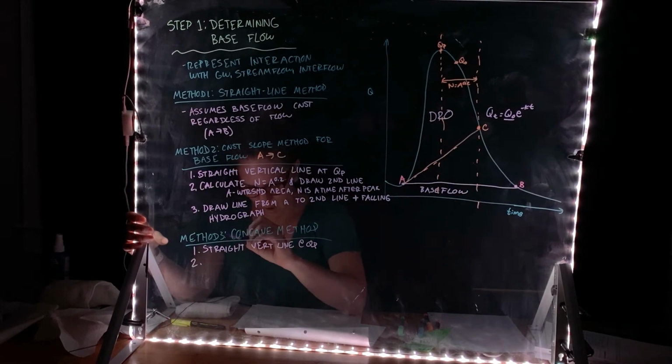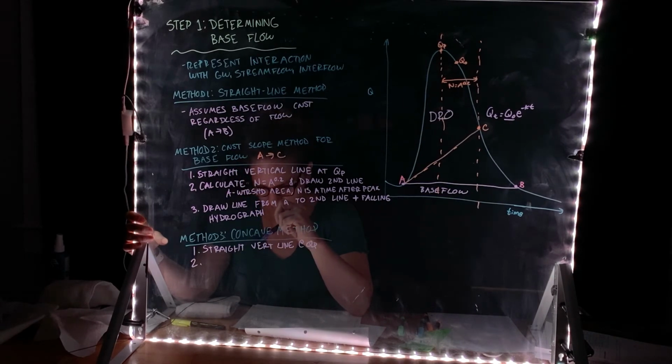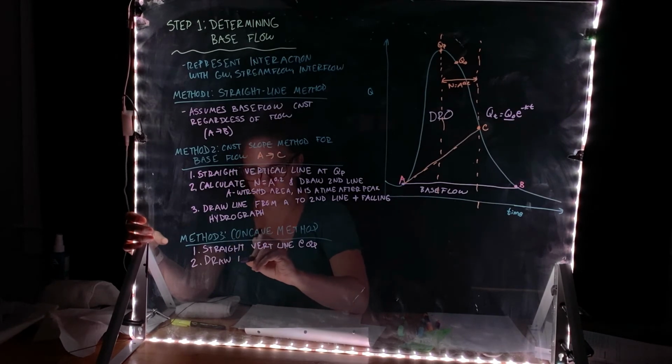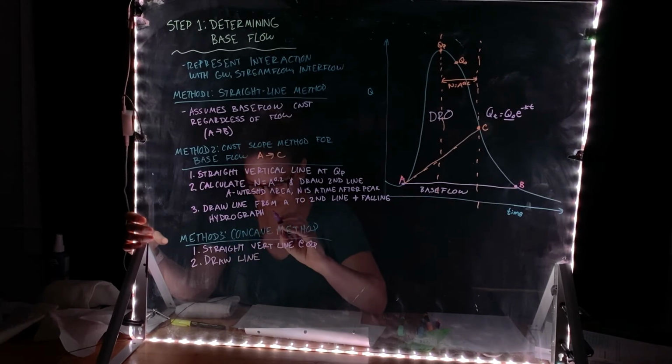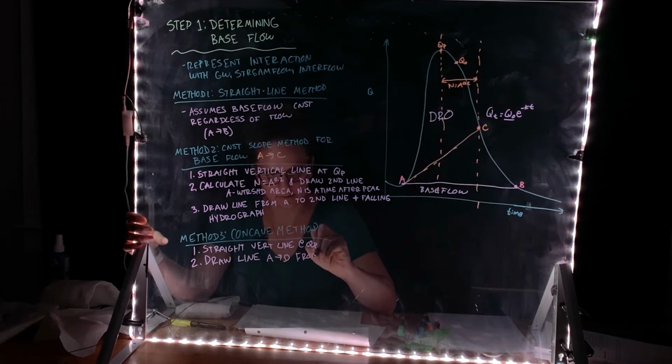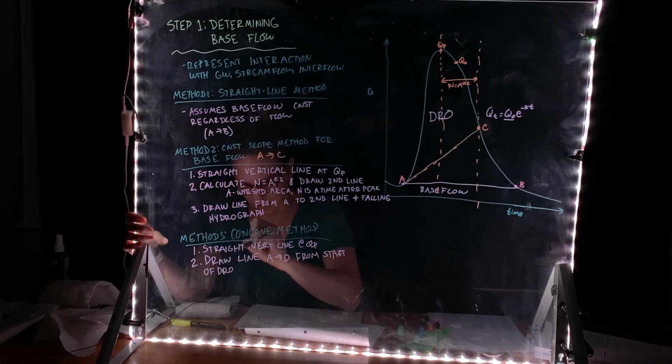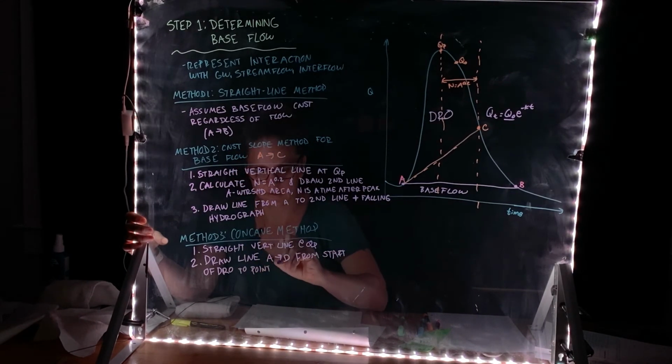Number 2, we're going to draw a line from A to what I'll call D, from the start of the direct runoff to a point below the hydrograph.